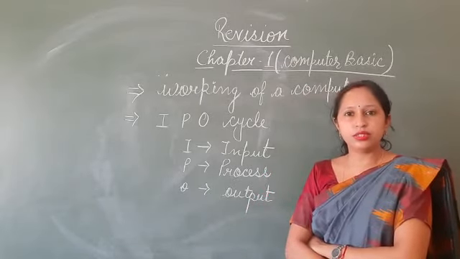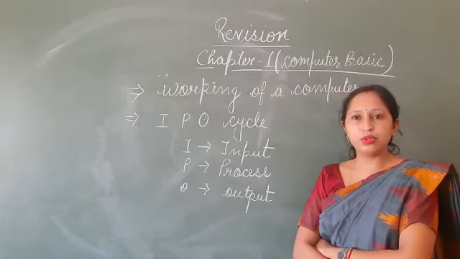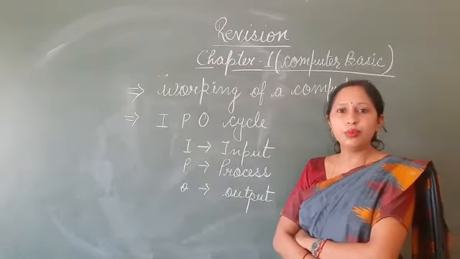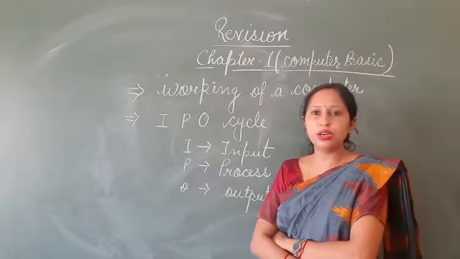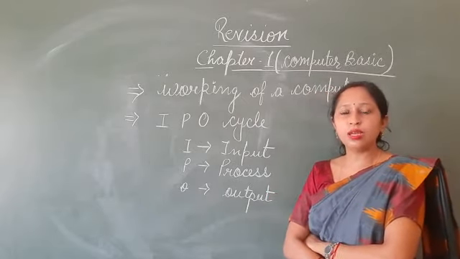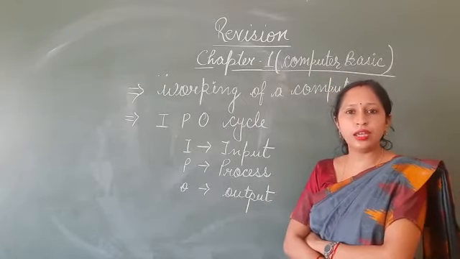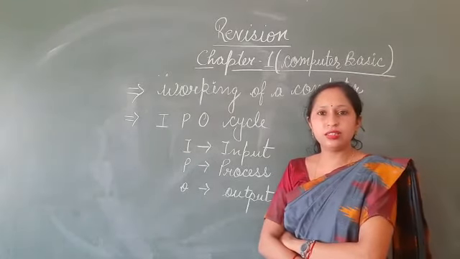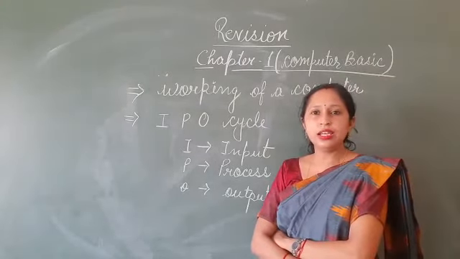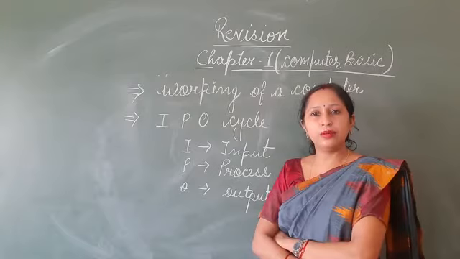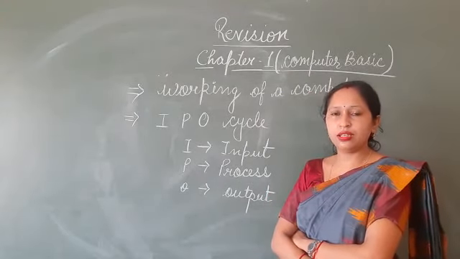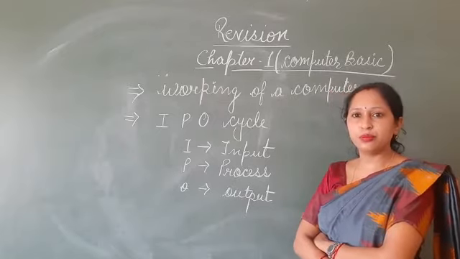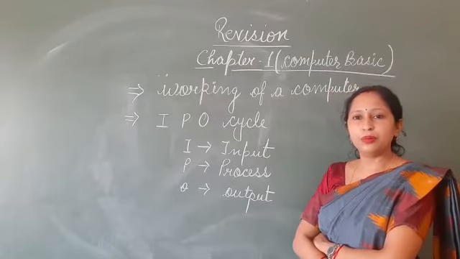We are the users. In the sense of a computer, we are the users because we use the computer, or we work on the computer. That's why we are called users. Whenever a user gives any information, instructions or data, it is known as input. When we give the information, instructions or data to the computer, it is called input.